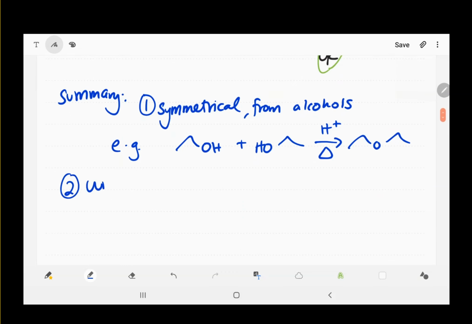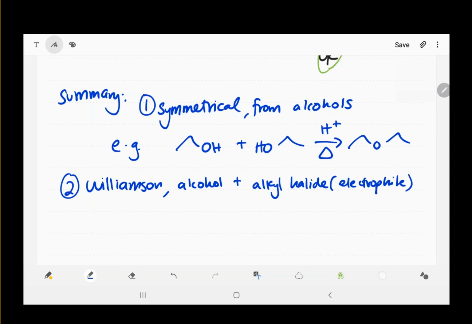You can do the Williamson, where you have alcohol plus, let's say, alkyl halide, or some similar electrophile, right?